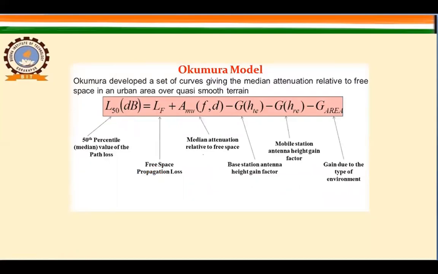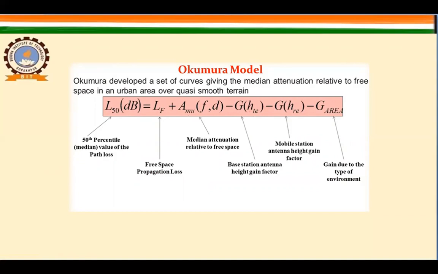Now in the Okumura model, this is the percentile median value of the path loss. This is the free space propagation loss. AMU is the median attenuation relative to free space.